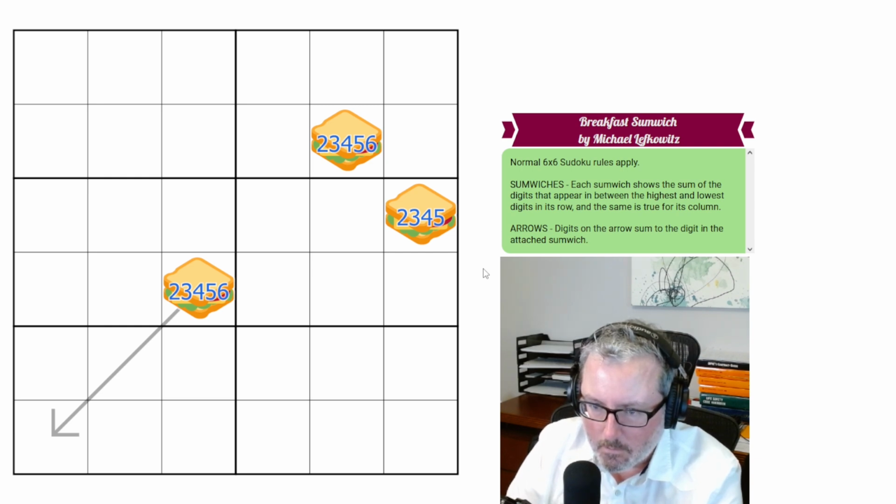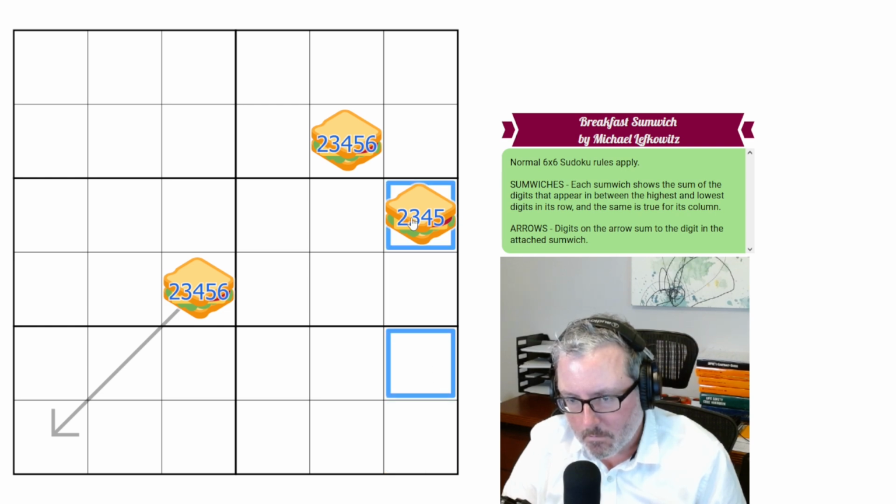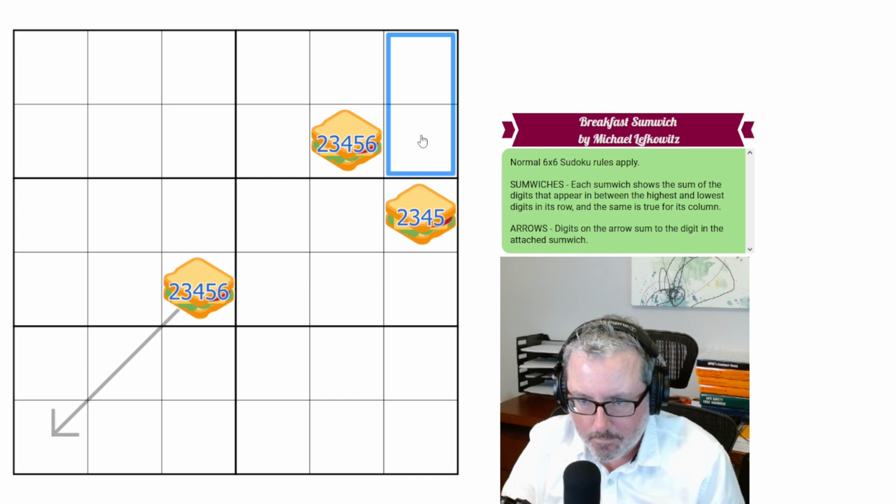Could that ever work? Well, you could do 1 and 6 here, but then this digit would have to equal the sumwich. So that's the same digit in the column, which doesn't work. You can't put them side by side anywhere in the column, because between the 1 and the 6 there is nothing, so this would have to be a 0.